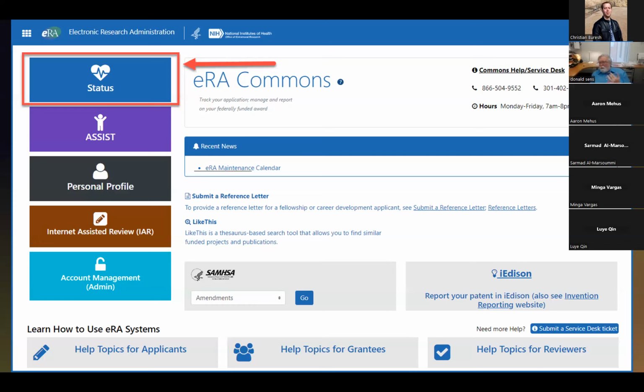If you've got supplements pending, in other words, if they put out supplements for the grant where you could compete for special topics, those will be listed. So it's where all the data for your grant is really located. It's where your progress reports go. It's something you really need to be able to work with.